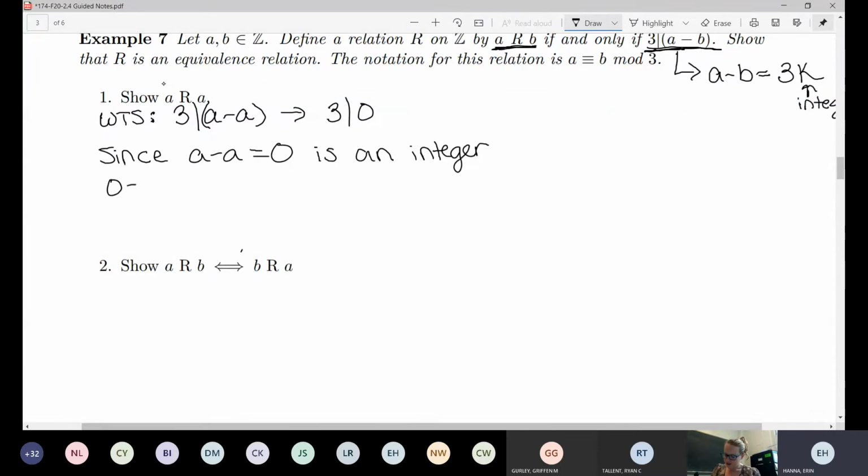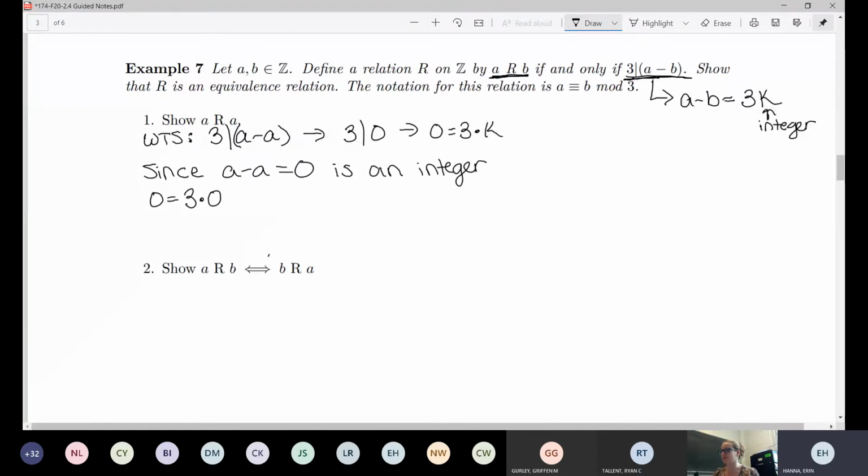Then essentially we can say that 0 equals 3 times 0, because we want to say that 0 equals 3 times something. Well, can we find that something that makes that true? Yeah, just let that k value be 0. And since 0 is an integer, we're good to go. So since we can write it like that, 3 does divide 0, and therefore a is related to a.